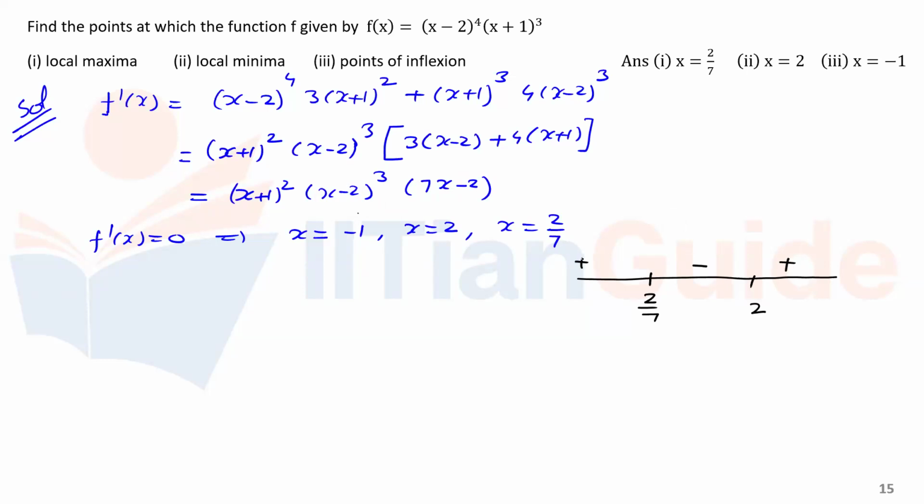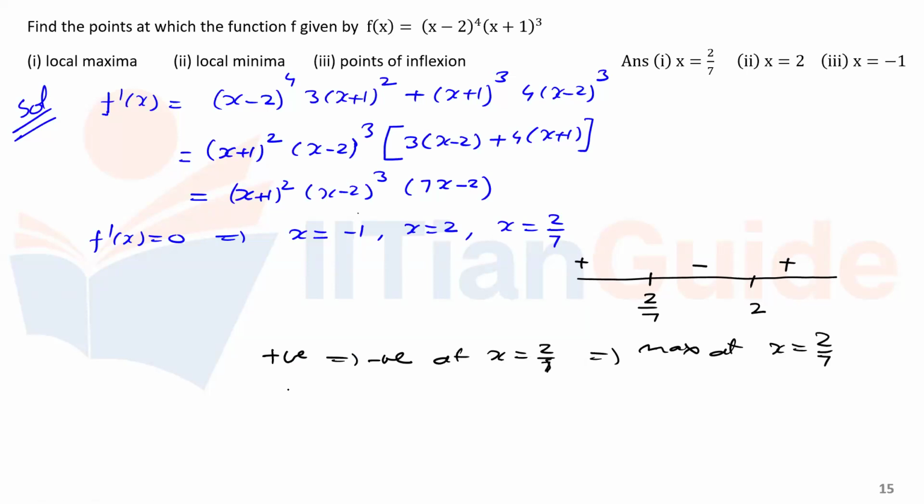So what I observe, the sign is changing from positive to negative at the point x is equal to 2 by 7. That means it is maximum at x is equal to 2 by 7.